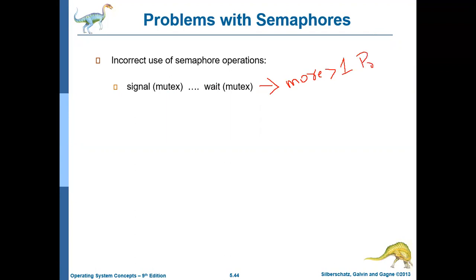It means the basic solution for the critical section problem, mutual exclusion, is defeated. So if the programmer uses it in the reverse way, this is the problem it will create.